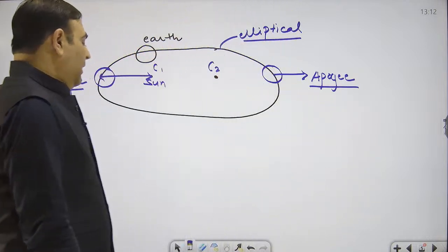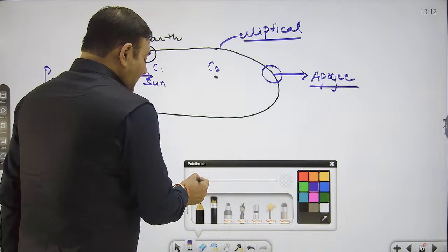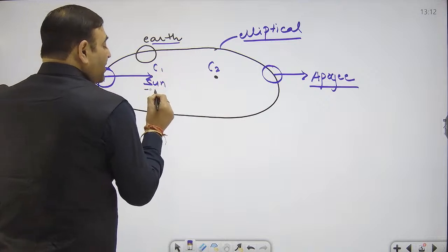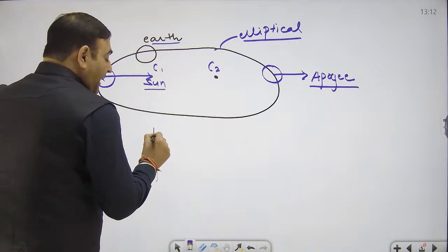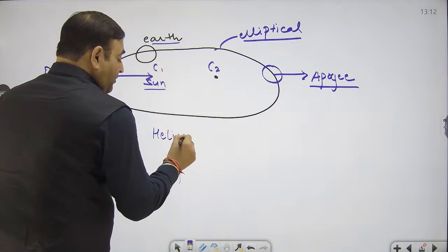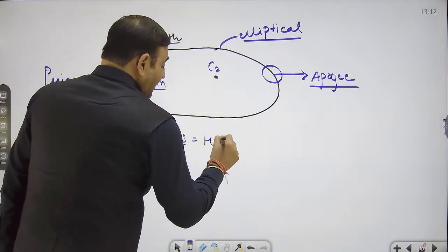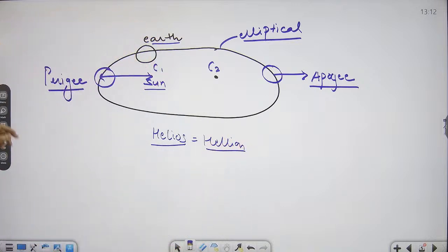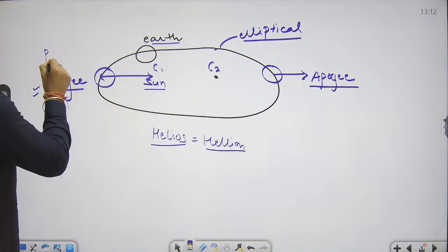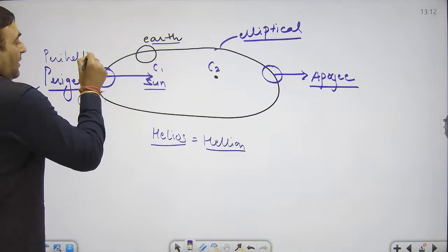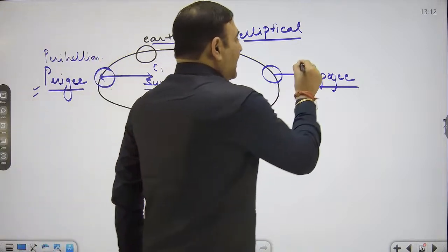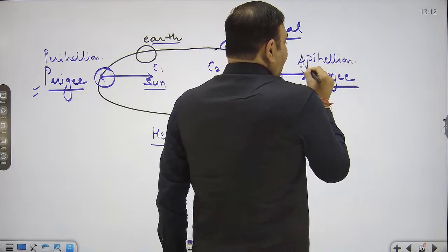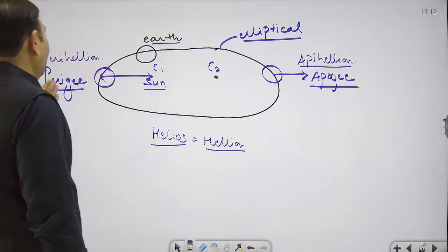Now, since we are talking about Earth with respect to Sun, and Sun is denoted by the word Helios or Helion, we can say that the nearest point is perihelion and the farthest point is aphelion. The farthest point aphelion and the nearest point perihelion.